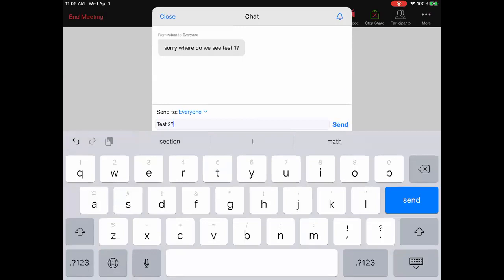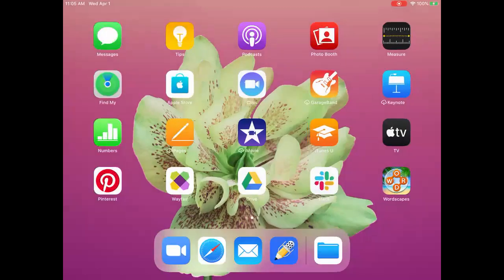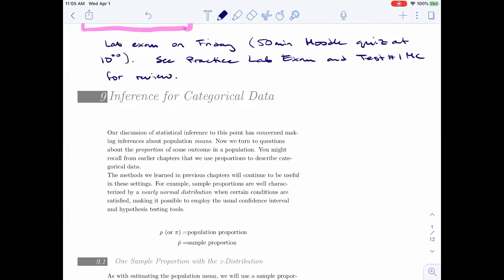Because test number 1 was handed back, and test number 2 is on Gradescope.